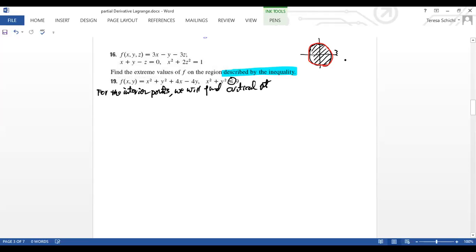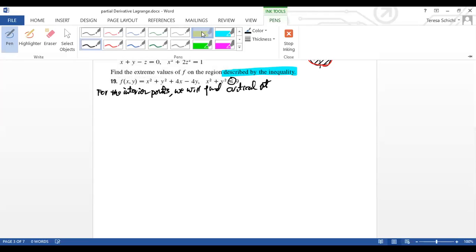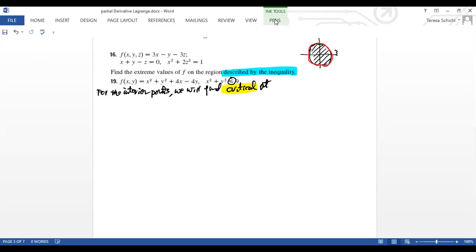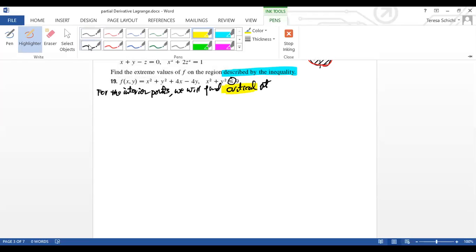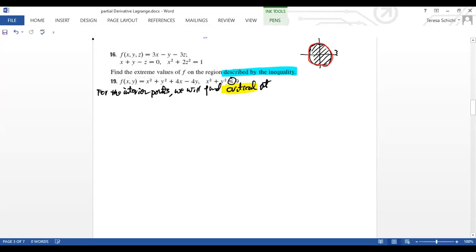And then for the boundary, we're going to use Lagrange. I think we did this in a previous assignment, I don't remember exactly which one, where we had a triangle and needed to put each line back in. Now you will find that using Lagrange is a lot easier. So let's see if you still remember how to find the critical point.